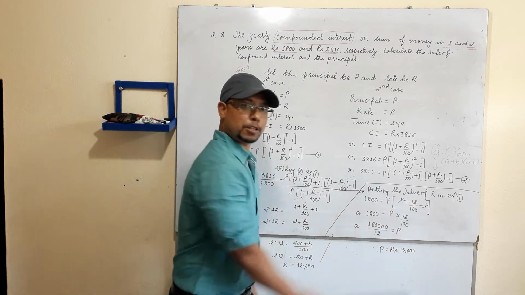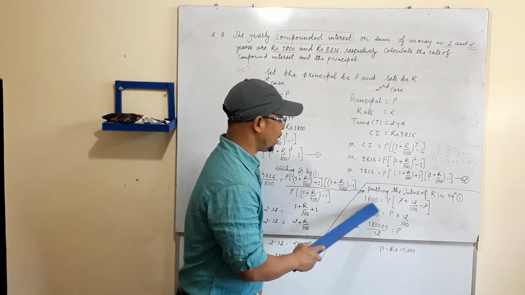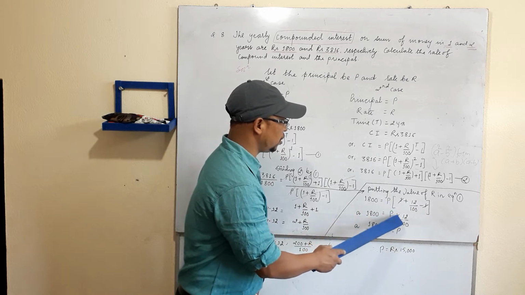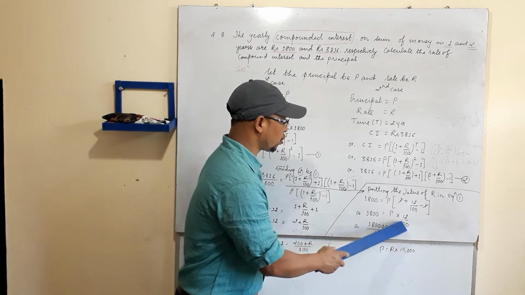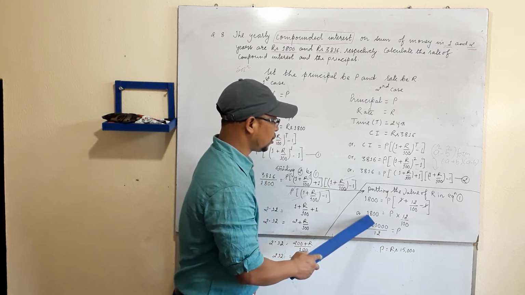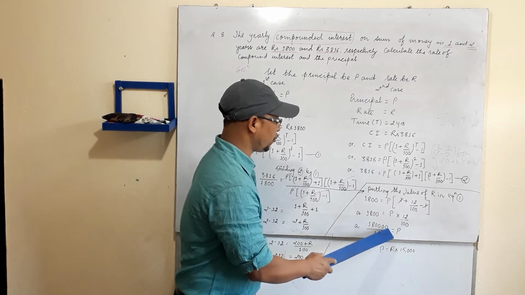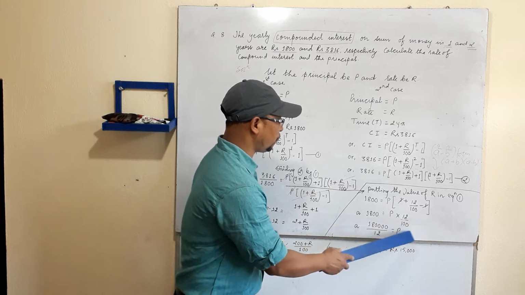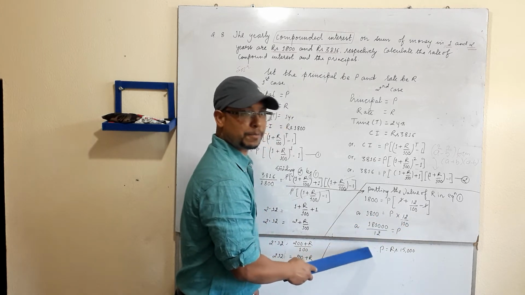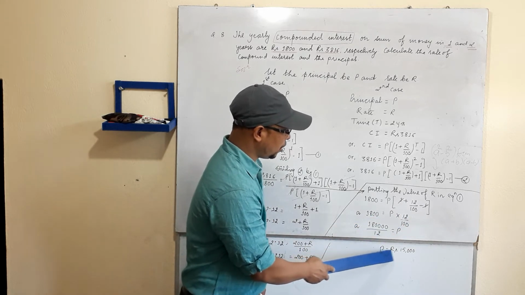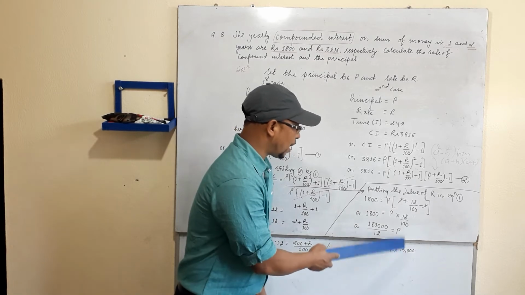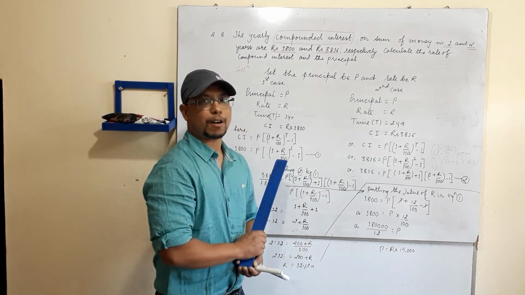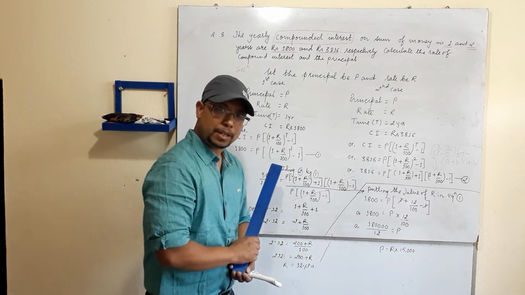So plus 1 and minus 1 are cancelled. What is left here? 1800 equals P into 12/100. So cross multiply. 1800 into 100 is 1,80,000, divided by 12. So finally you get the value of P equals Rs 1500. So by this way we calculate the value of R and P.